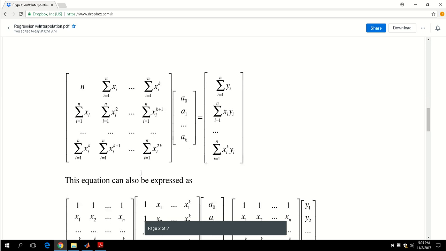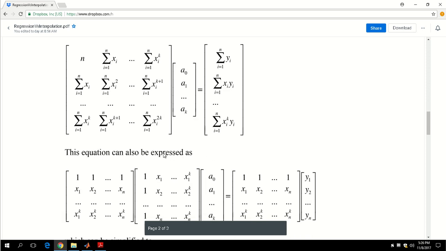That's a matrix multiplied with this vector of unknowns, a0 to ak, equals another vector which can be computed from the data points. This matrix can be computed from the horizontal axis of all the 20 data points, and this vector can be computed from both the horizontal and the vertical axis of the data points.